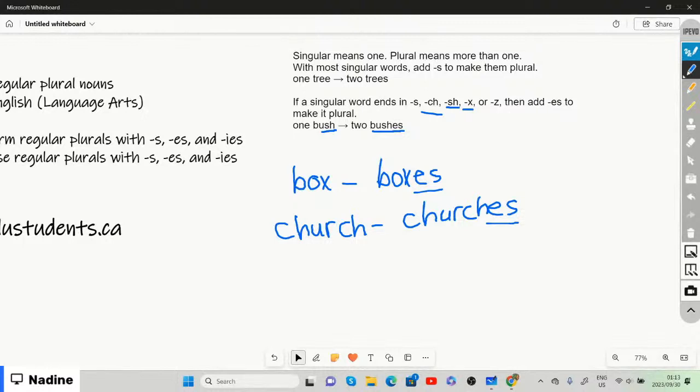All right, so that is a few examples of both singular, these are the singular words over here, which means one. So the singular words, and these ones are the plural forms, which means more than one.